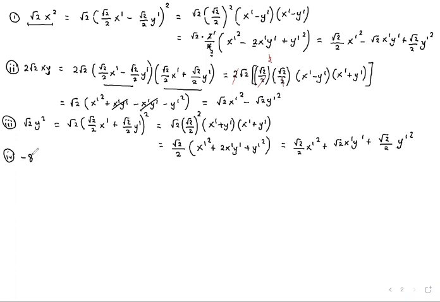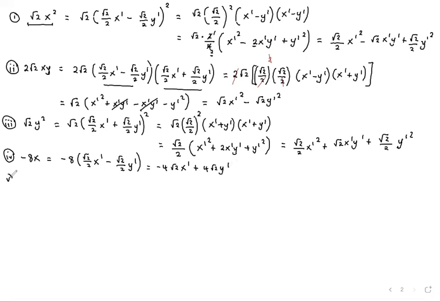is negative 8x. This is negative 8 root 2 over 2 x prime minus root 2 over 2 y prime. This is negative 4 root 2 x prime plus 4 root 2 y prime.